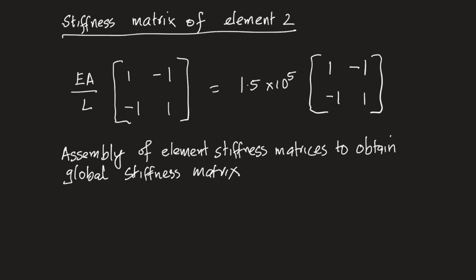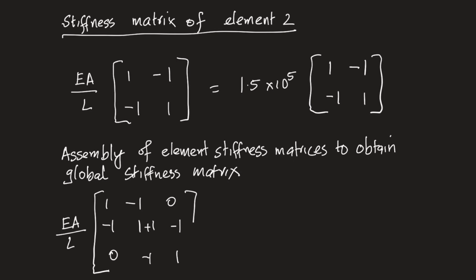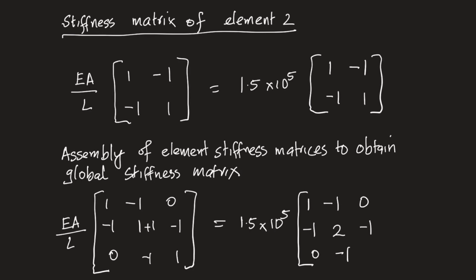Now we have to assemble the element stiffness matrices and obtain the global stiffness matrix. That gives 1.5 into 10 raised to 5 into [1 -1 0; -1 1+1 -1; 0 -1 1], that is [1 -1 0; -1 2 -1; 0 -1 1].